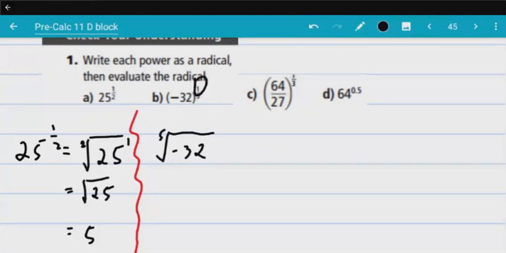That numerator, which is a 1, becomes the power or exponent of the -32, which you don't really need. So this is just the same as the 5th root of -32. And what number multiplied by itself 5 times gives you -32? That would be -2.